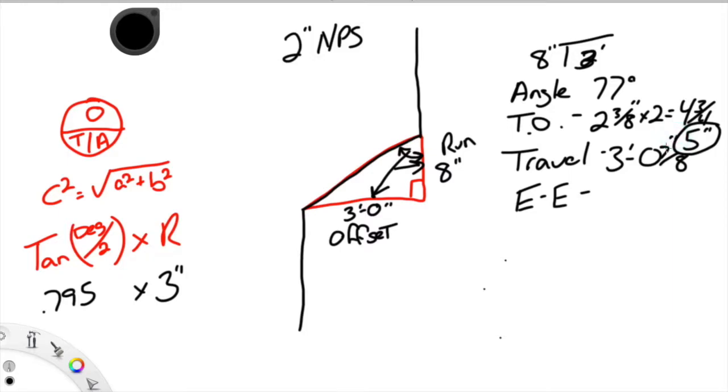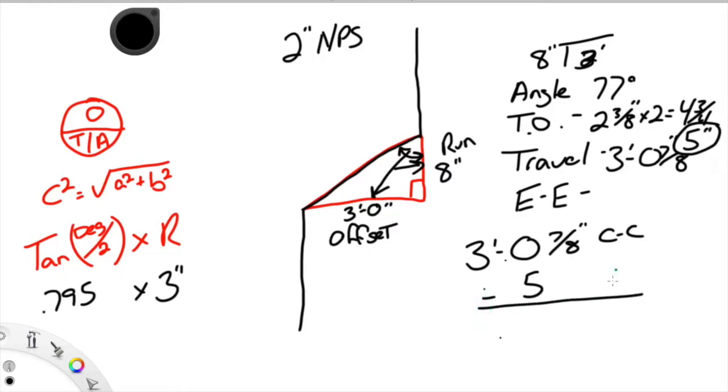Okay, now we can solve our end-to-end measurement or our cut length by taking our 3 feet, 0 7/8, center to center measurement, and subtracting 5 inches from it. This is our takeoffs. Okay, we got 7/8 to subtract, we got nothing to subtract from 7/8.